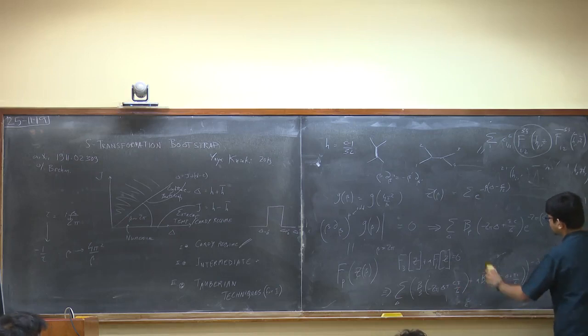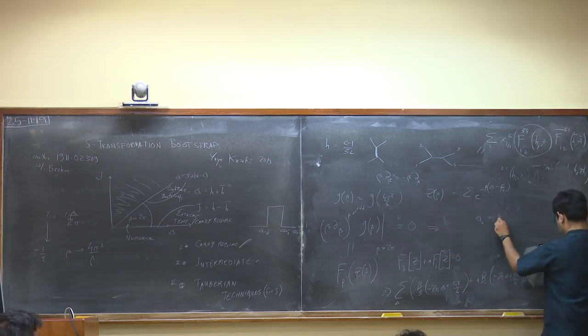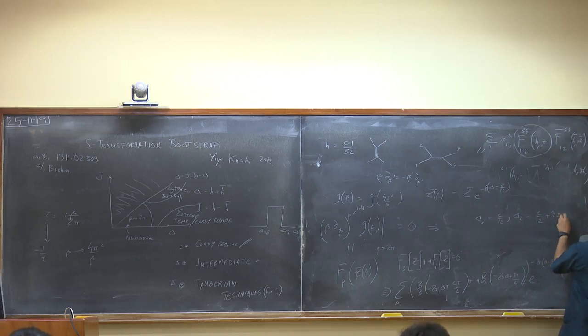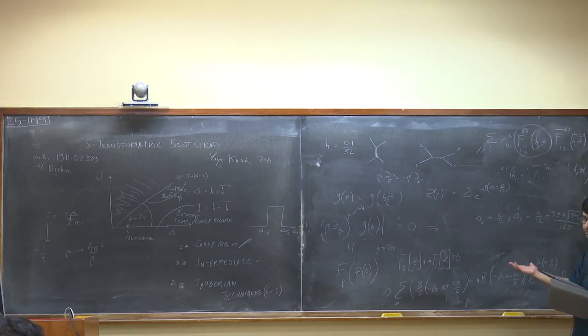The roots are at delta 0 equals c by 12, and delta plus minus equals c by 12 plus or minus something over 12 pi. So what this is telling you is that now say I want to turn off the vacuum contribution because that is always there.